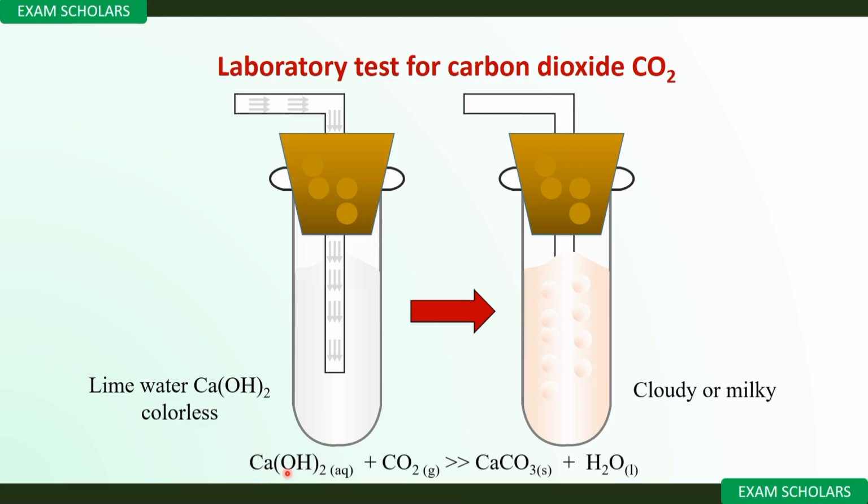When you pass CO2 inside this solution, calcium hydroxide plus CO2, you are going to get calcium carbonate, chalk, as precipitate plus water. So it is now going to be cloudy or milky. So that is the test for carbon dioxide, which means that it turns lime water, lime water simply means calcium hydroxide, milky or cloudy.